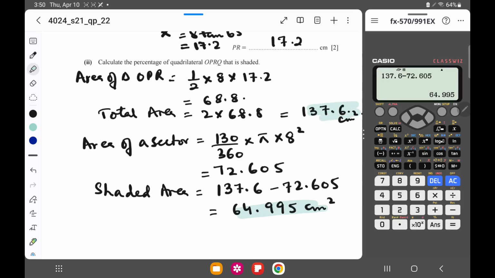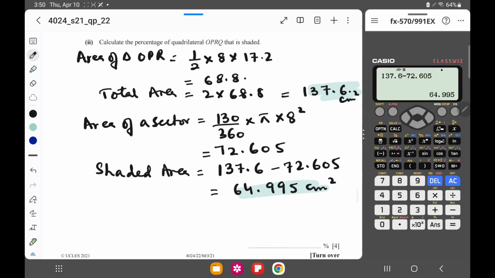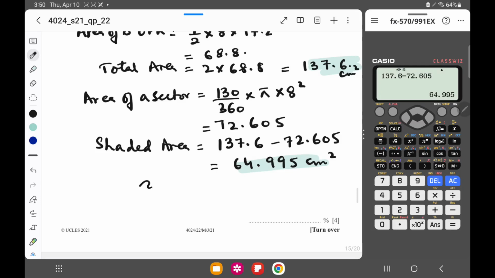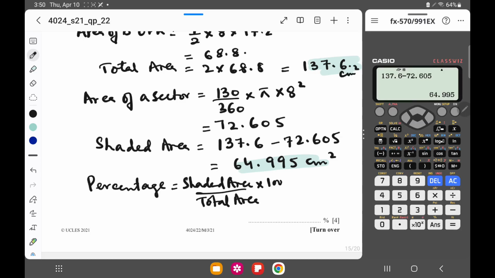And then you multiply by 100 to get the percentage of the quadrilateral that is shaded. So the percentage of the shaded area is equal to the shaded area divided by the total area multiplied by 100. That is 64.995 divided by 137.6 multiplied by 100.